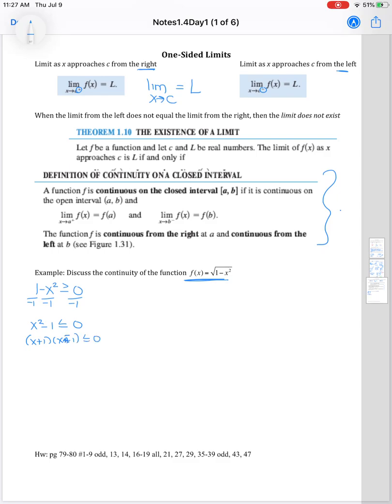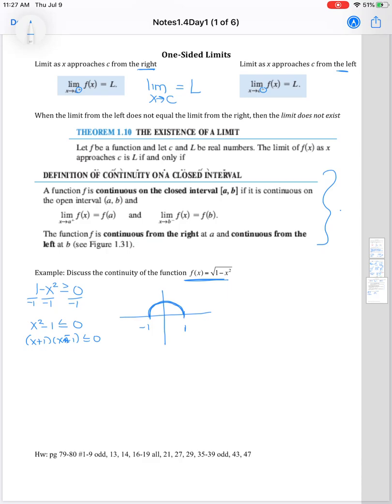This should be minus, sorry. All right, so when I sketch this, I'm going from -1 to +1, and it's a half of a circle. This is the equation for a circle in terms of conic sections.